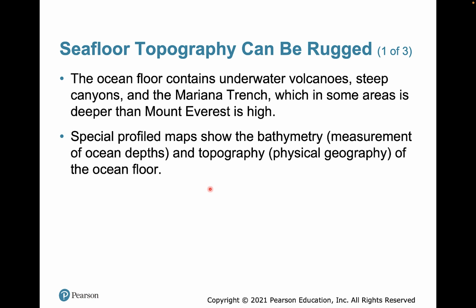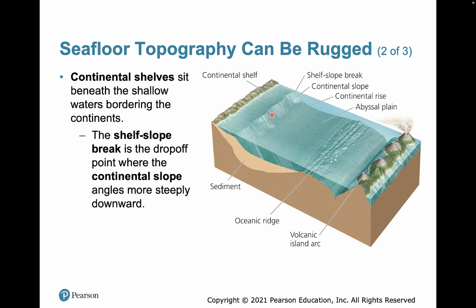There are maps that show bathymetry, which is depth, and topography, which are these physical features, the mountains and trenches and stuff of the ocean floor. So we briefly take a little look at what's going on here. The continental shelf is relatively flat, and it's next to the continent, right near the continent, and the water is pretty shallow there.